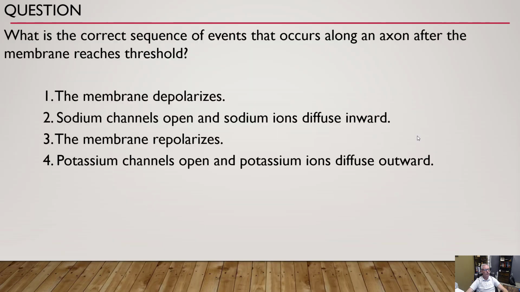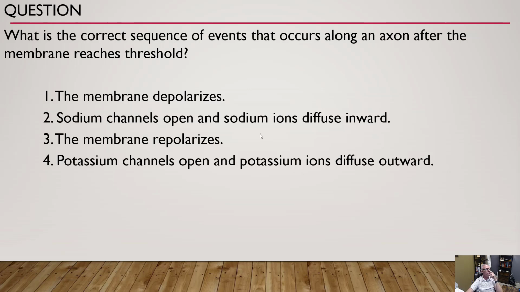All right, so question. What is the correct sequence of events that occurs along the action potential after the membrane reaches threshold? The membrane depolarizes, sodium channels open and sodium ions diffuse inward. The membrane repolarizes, potassium channels open and potassium ions diffuse outward.